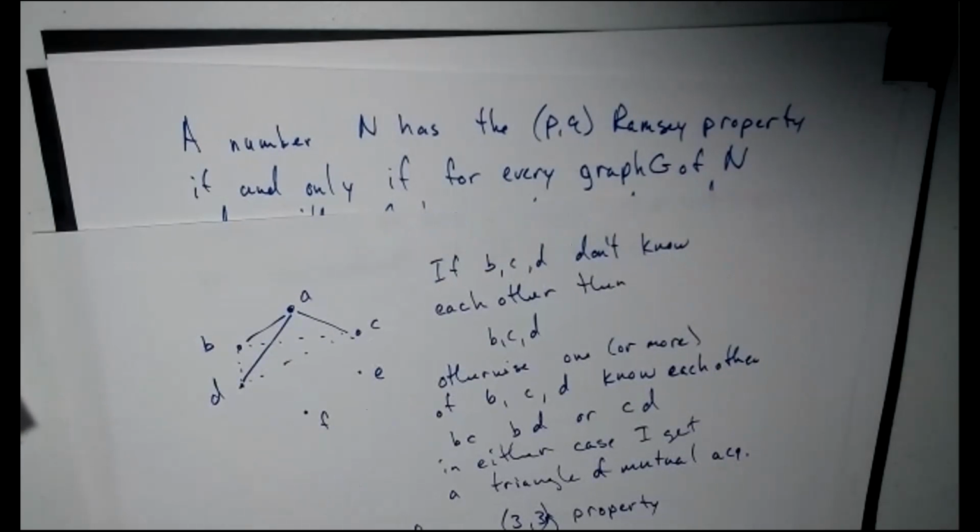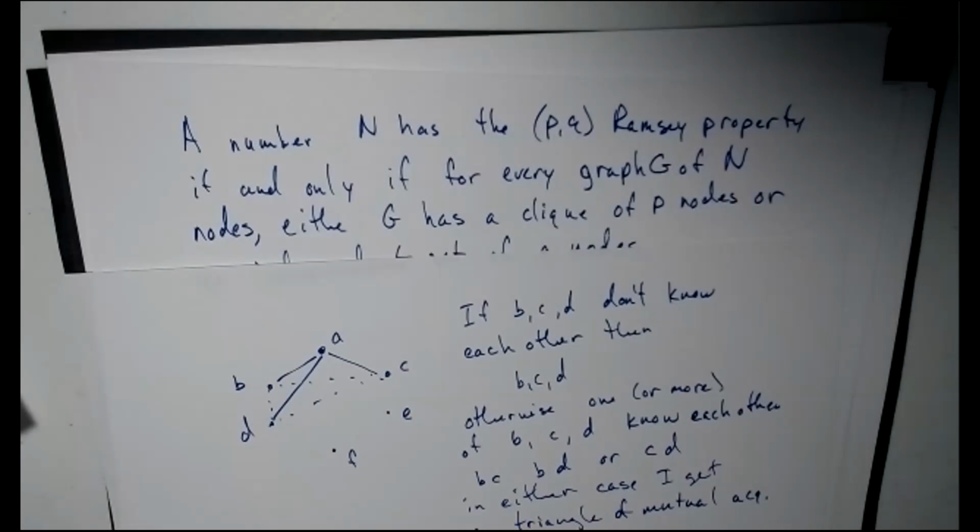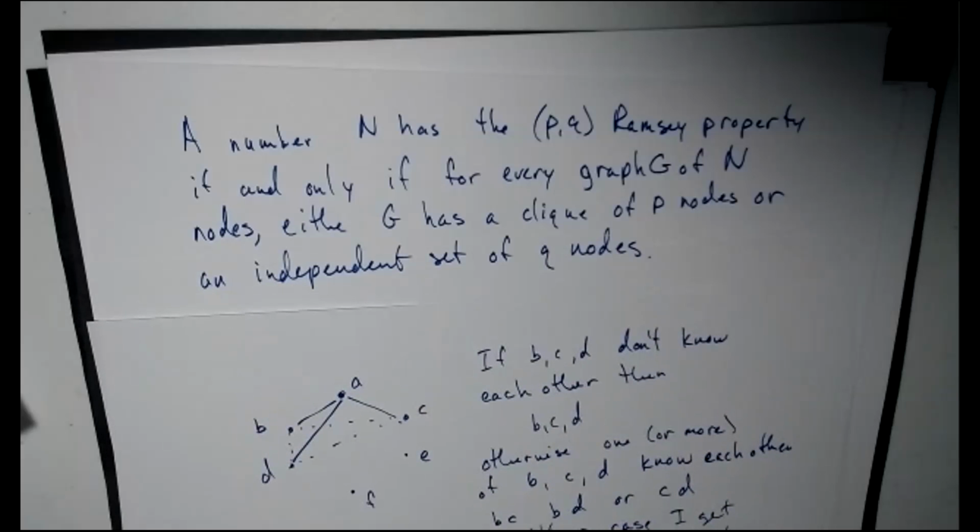What we've said down here is 6 has the 3,3 property because any graph with 6 nodes contains a clique of size 3. Remember, clique is just another word for complete subgraph, or an independent set of Q nodes. And an independent set, remember, I think I've been calling that an empty subgraph all semester long.